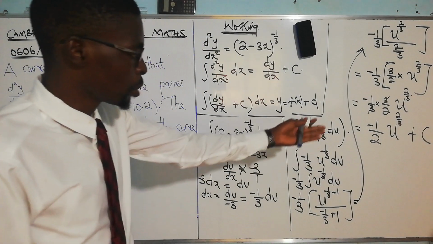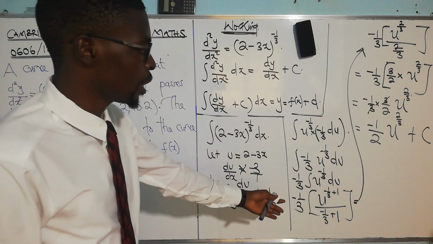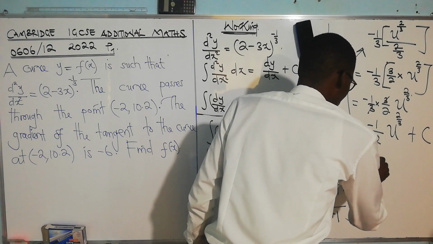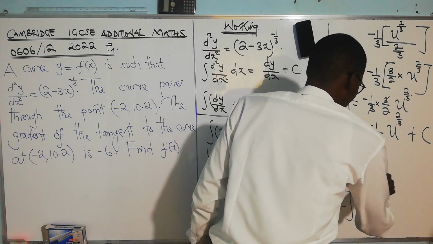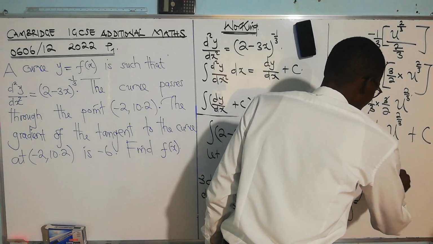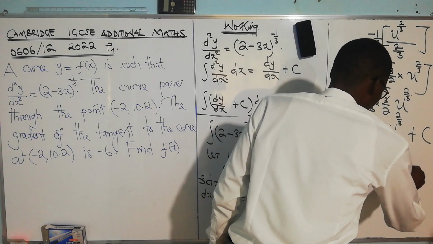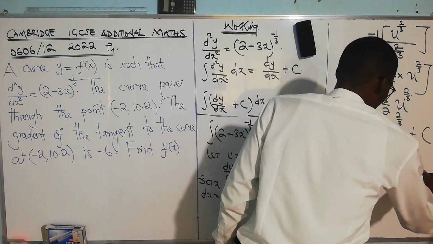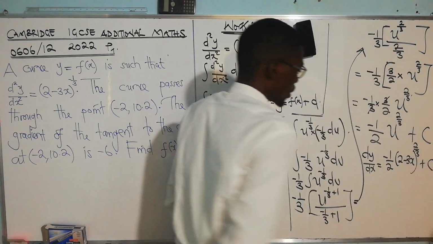Now let us substitute. We know what u is, so we substitute now for u. So dy dx is going to be equal to negative 1 over 2 times (2 minus 3x) to the power 2 over 3, then plus c.